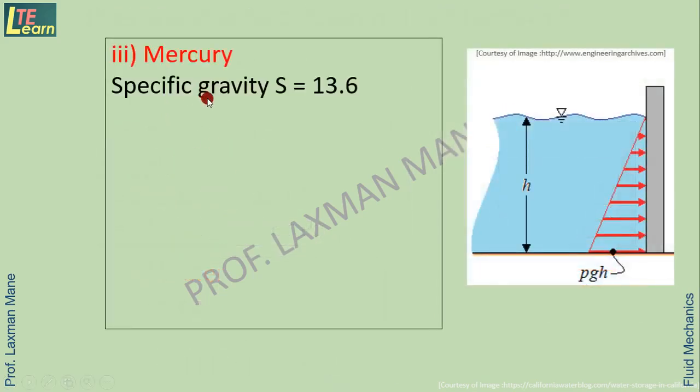Third, for the mercury, specific gravity is given. By the properties of fluid, there is a formula: rho of any fluid is equal to specific gravity of that fluid multiplied by density of water, the standard fluid. So here rho of Hg is equal to specific gravity into rho of water, that is specific gravity of mercury multiplied by rho of water, 1000.